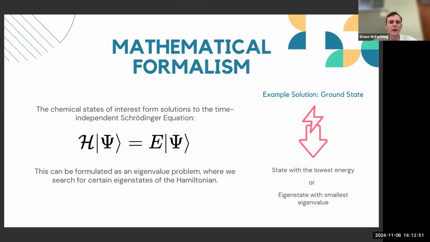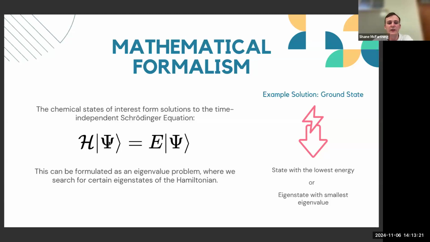So now we can take a look at the actual formalism of this problem. We're trying to look for some specific states, and these states form solutions to the time-independent Schrödinger equation. This H represents the Hamiltonian of the system, and this Hamiltonian is an operator which describes the total energy of the system, including both the kinetic and potential energies.